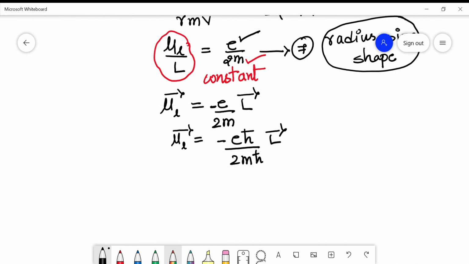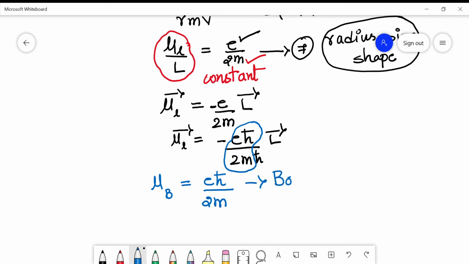Carefully look at this quantity, E H cross divided by 2m. This is called mu B. It is called the Bohr magneton.